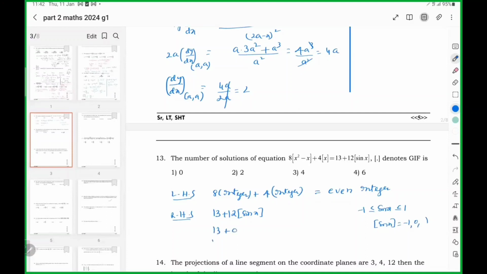Whether you take 0 or you take 1 or you take minus 1, 13, 25, 1. All are odd. Even equal to odd is not possible. Number of solutions are 0.